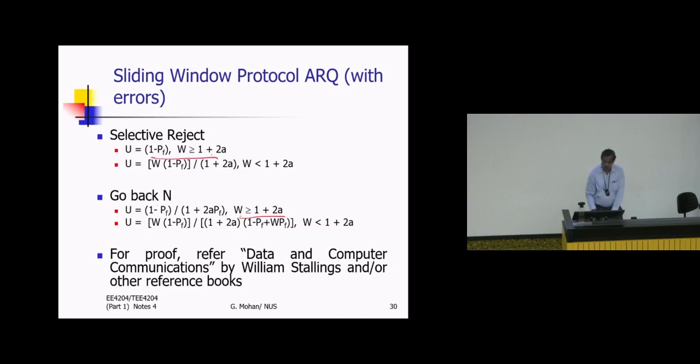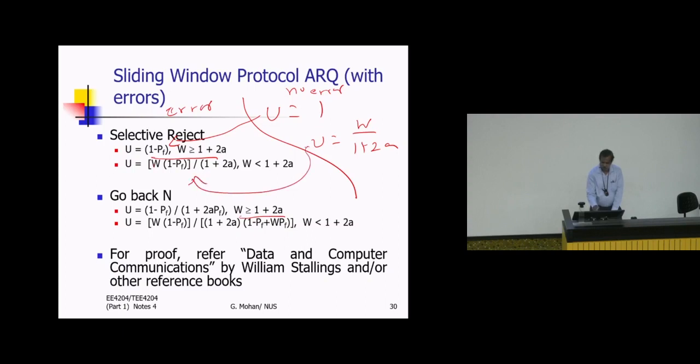this one. If there is no error, utilization is 1, right? If there is an error, you multiply it by success probability. If there is no error, utilization is W by 1 plus 2A. And if there is an error, this will become this.